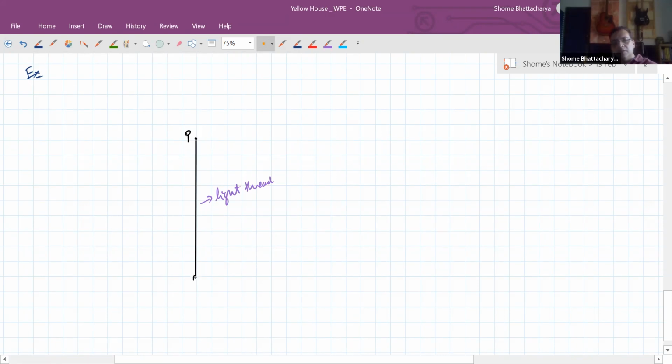And then there's a particle of mass m attached on this other side. It can rotate about P in a vertical circle.